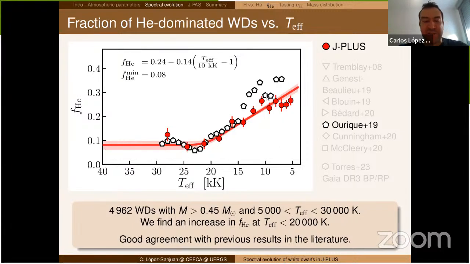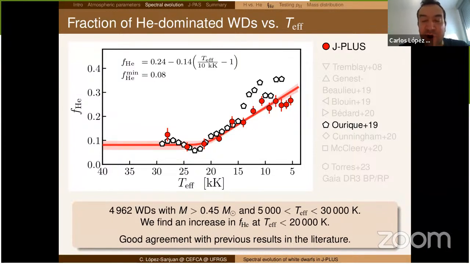Also, this is a very interesting comparison. This is for Ulrich, 2019. This is based on Sloan Digital Sky Survey spectra. So again, a spectroscopic classification. And we know that Sloan spectra are complete or have no selection bias at higher temperature, let's say for blue objects.